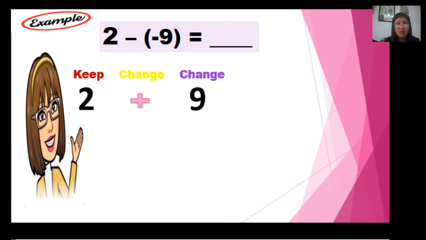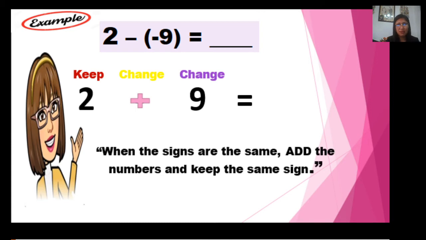It's positive 9. Then after you do that, proceed to addition. They have the same sign, so just add and keep the positive sign in the final answer. 2 plus 9, it's 11. Positive 11. Okay, very easy, isn't it?